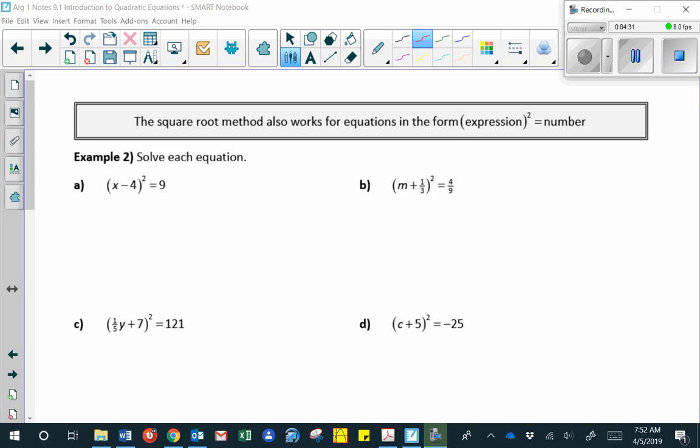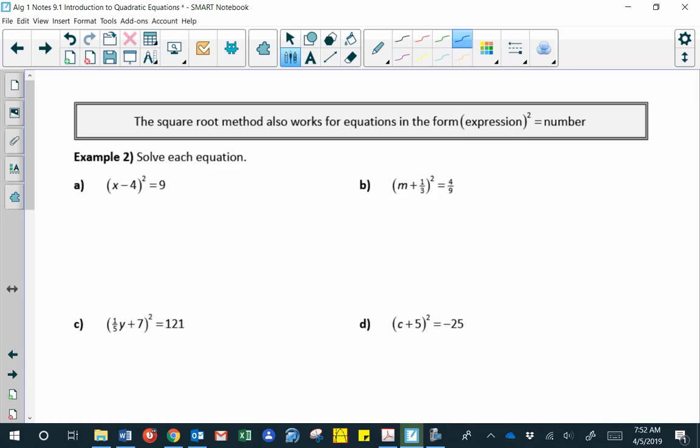We can also use the square root method for equations that are in the form an expression squared equals a number. And in example 2, we see that sort of equation in part A. So in order to solve this one, we're going to undo the squaring. If we undo the squaring, we get x minus 4 on the left side.